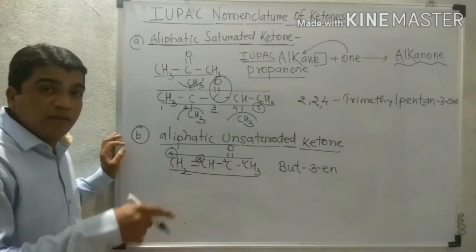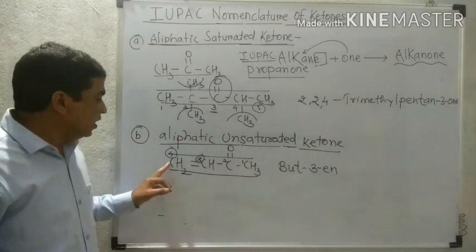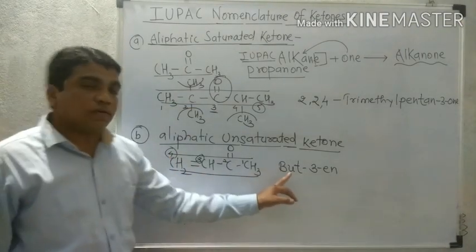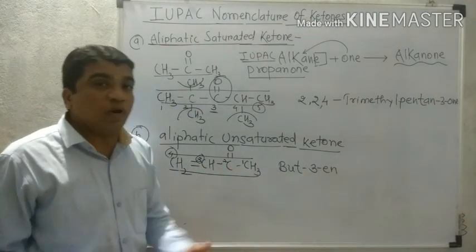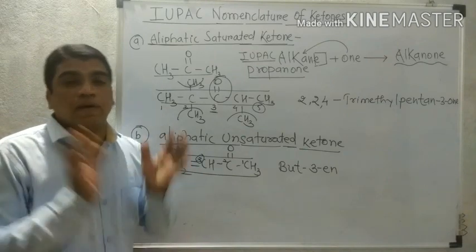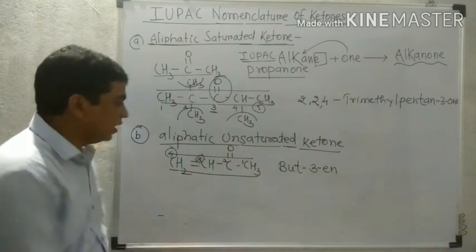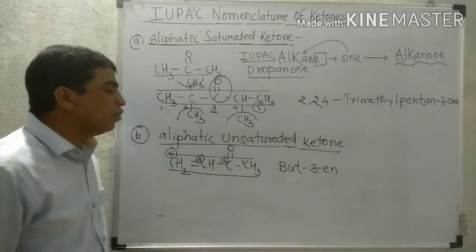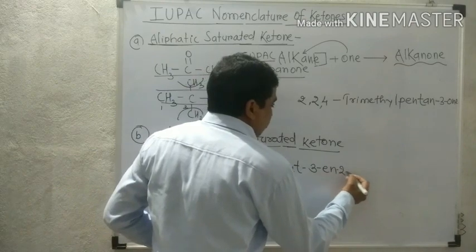Because from the ENE we already replace E for ONE. So how many carbons in the chain? 4. What do we write? But. Where is the double bond located? Third carbon, because after the parent structure, write the position of the double bond first: but-3-en. And where is the C=O located? At the second carbon. So 2.